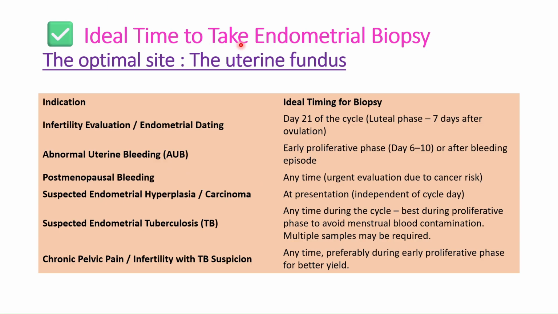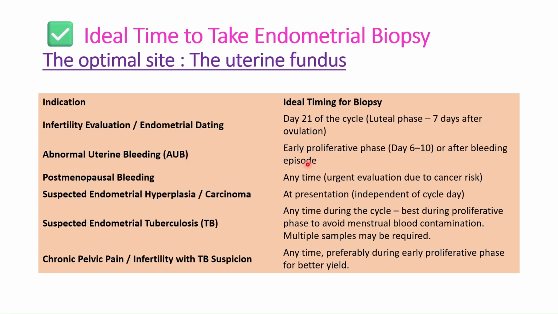Now, what is the ideal time to take endometrial biopsy? So, first of all, the optimal site is the uterine fundus. Now, for the evaluation of infertility, day 21 of the cycle or luteal phase, which is 7 days after ovulation.